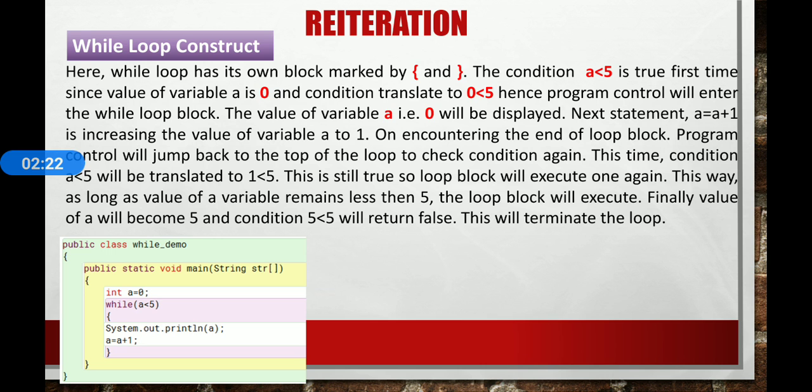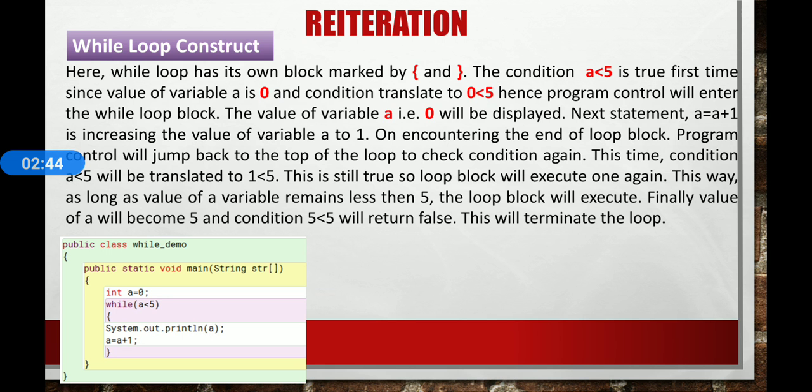The condition A less than 5 translates to 0 less than 5. Hence the program control will enter the loop block. The value of variable A, that is 0, will display.